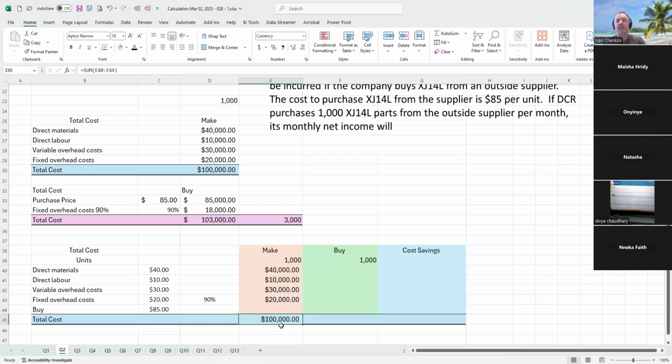In total, we have to pay 100,000. Now, if we buy it, do we have to pay for direct material? No. Do we have to pay for direct labor? No. Do we have to pay for the variable overhead? No. Do we have to pay for the fixed overhead? Yes, 90%.